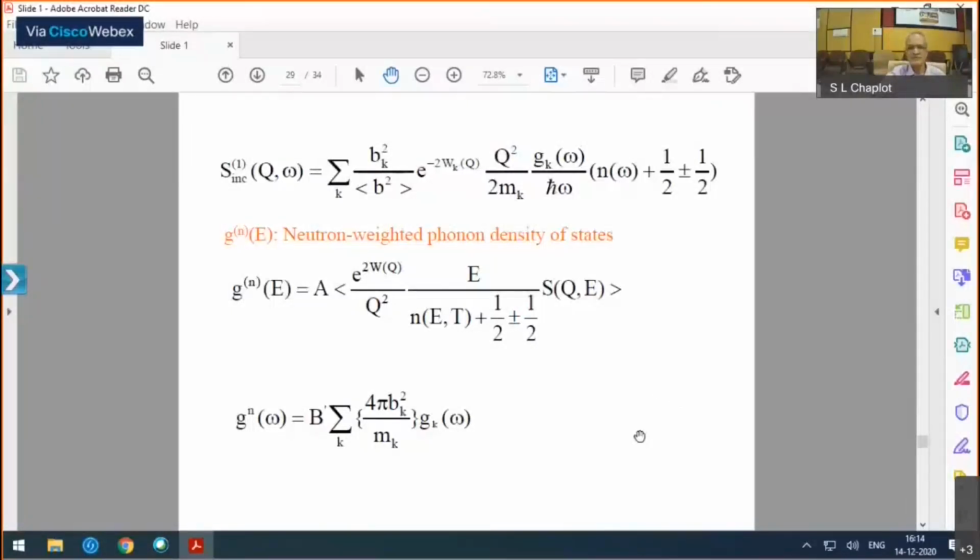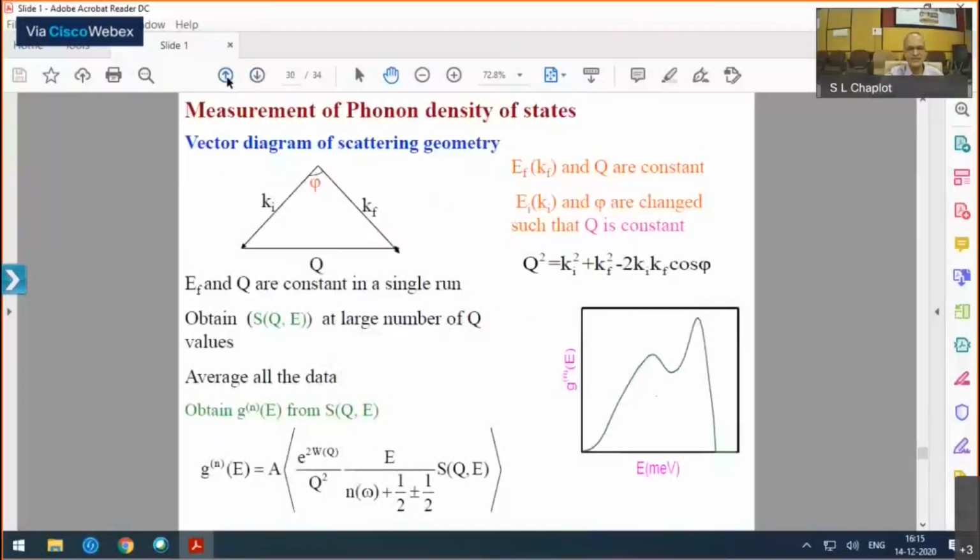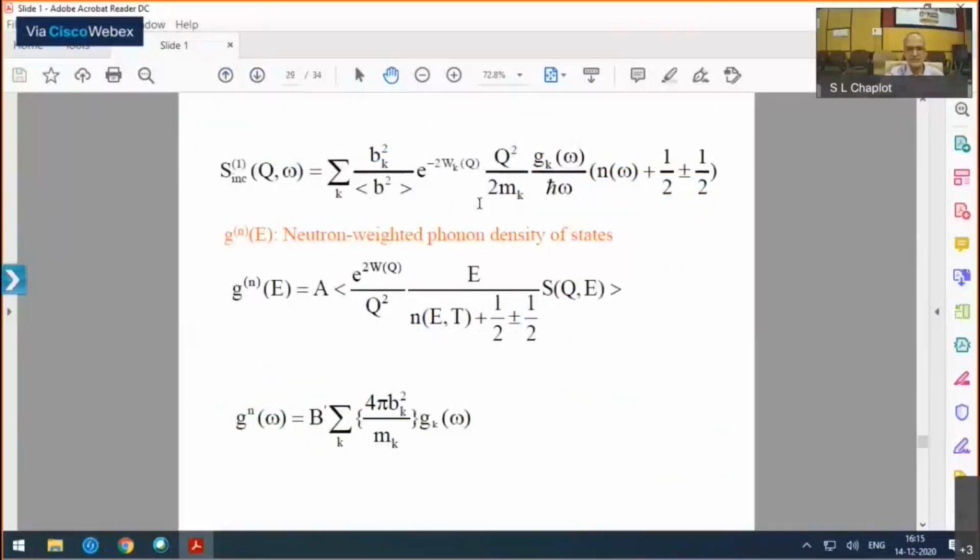Now, further than this, the next issue with polycrystalline samples measuring phonon density of states is the multiphonon correction. Before I go to multiphonon correction, let me talk about this. We already mentioned the problem associated with the Debye-Waller factor.